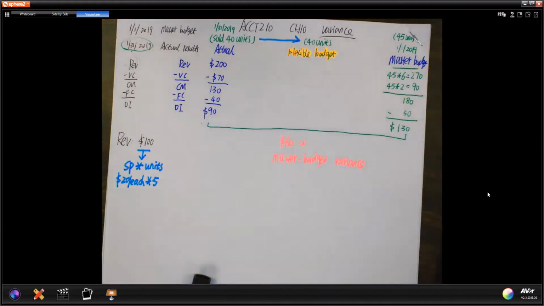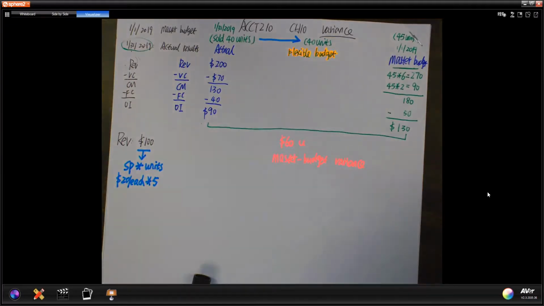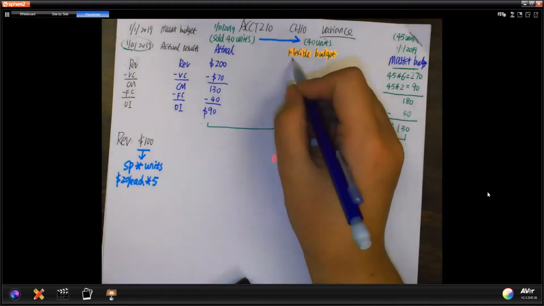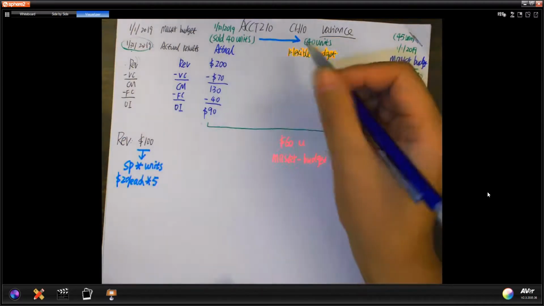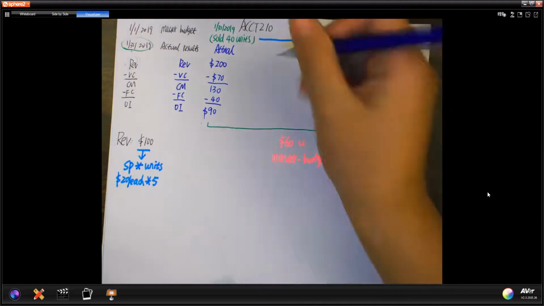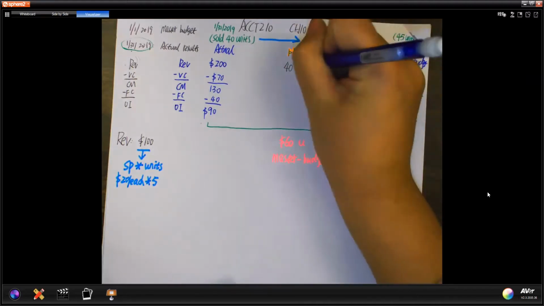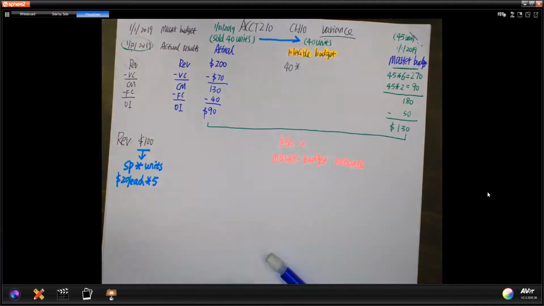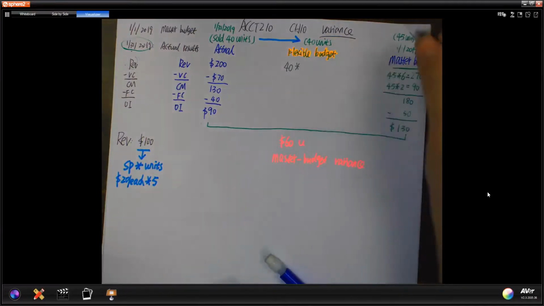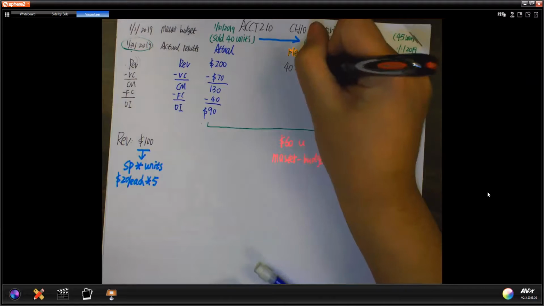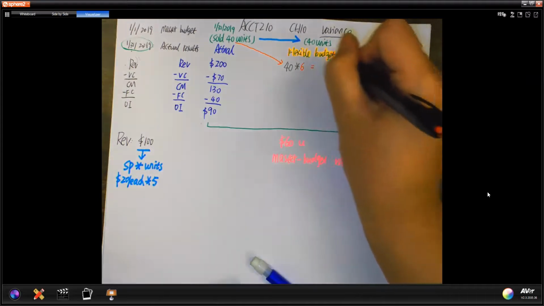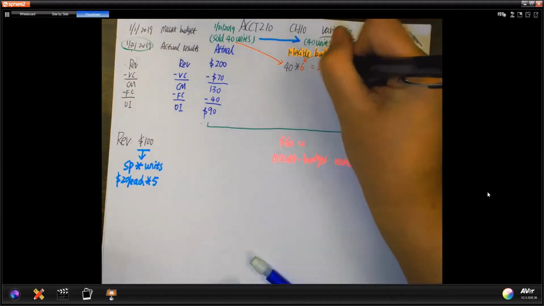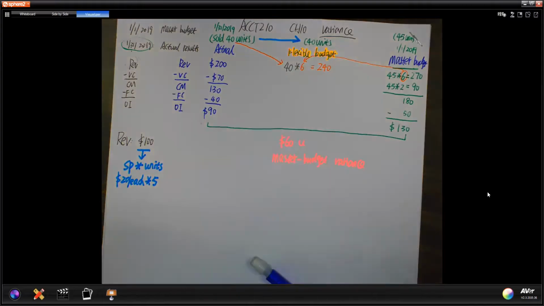Okay, so let's do these numbers together. What are our flexible budget numbers? For the revenue, it's 40 units times our budgeted price. We use the actual units and our budgeted price, which gives us $240 as our flexible budget revenue.